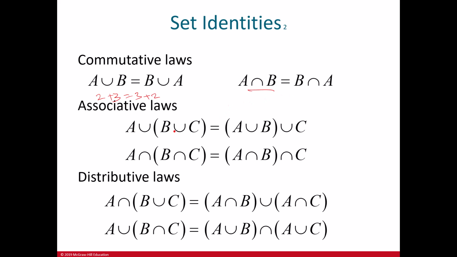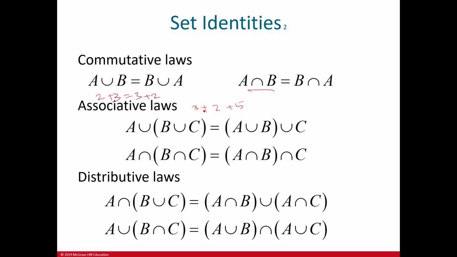And then here is the associativity law. What it really says is that putting the brackets, or the order of operations, doesn't matter. Maybe the best way to think of that is to look at an example in arithmetic. So I have 3 plus 2 plus 5.